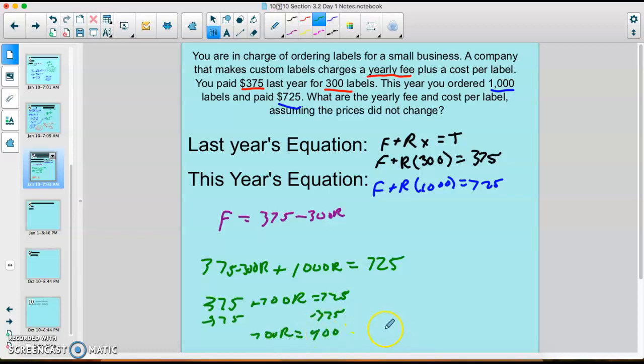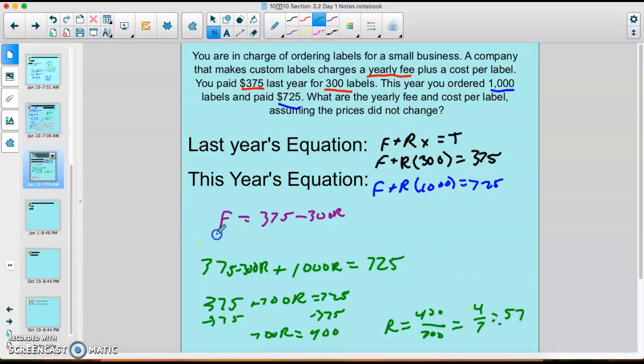Okay, so then our r, the rate, is 400 over 700 when we divide, and that ends up being 4 over 7 is our rate. Okay, so 4/7 of $1 probably, which would be 57 cents per label. Okay, we'll say 0.57, 57 cents per label.